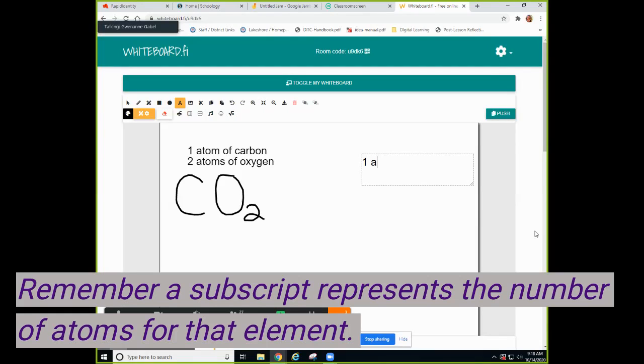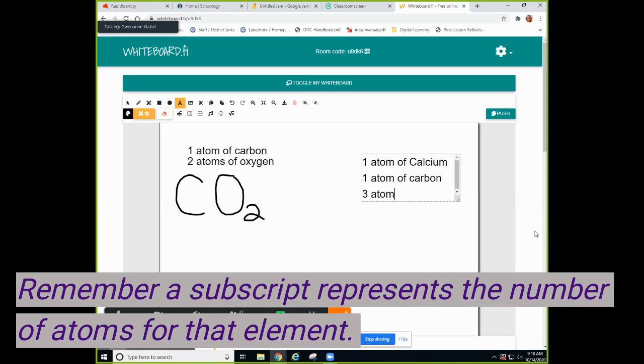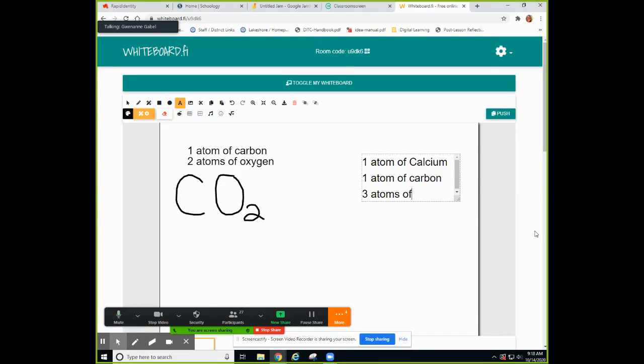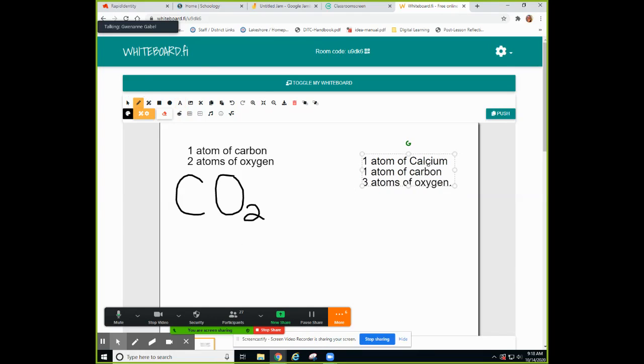We have 1 atom of calcium, we have 1 atom of carbon, and we have 1 atom, no, excuse me, 3 atoms of oxygen. Okay? All right, so the way this looks is we have 1 atom of calcium.